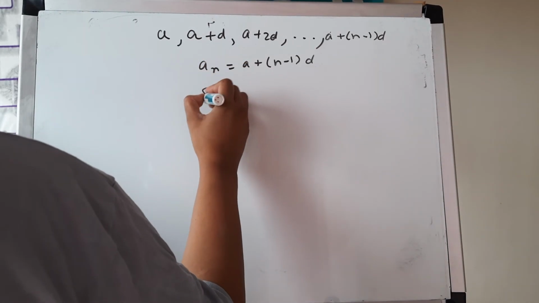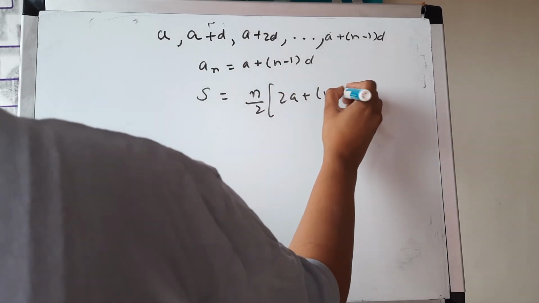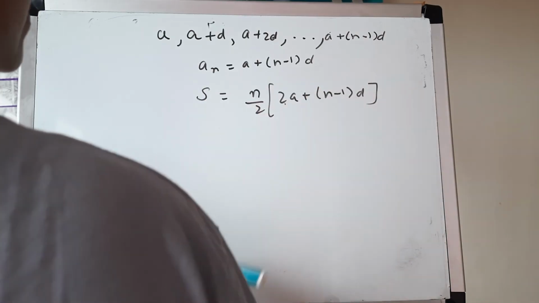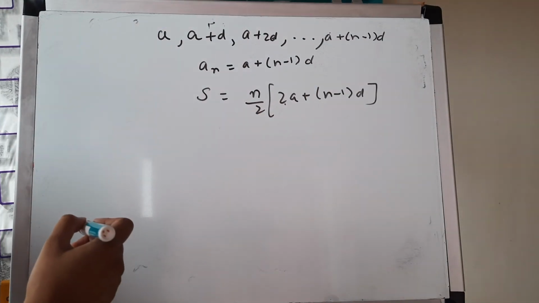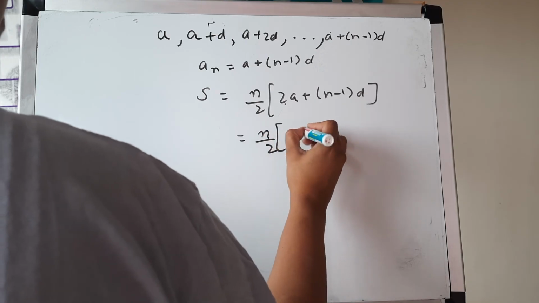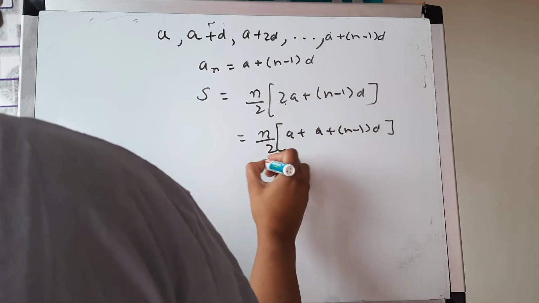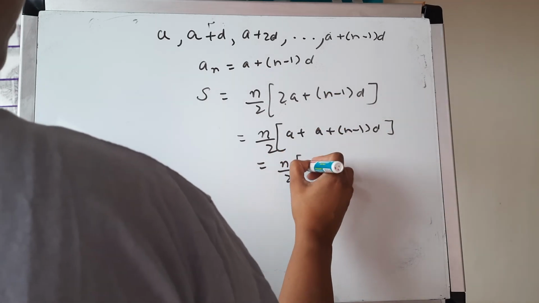We also learned the sum of the first n terms of an AP, and I also found out that I always miss this 2 somehow, and we can also represent this as this.